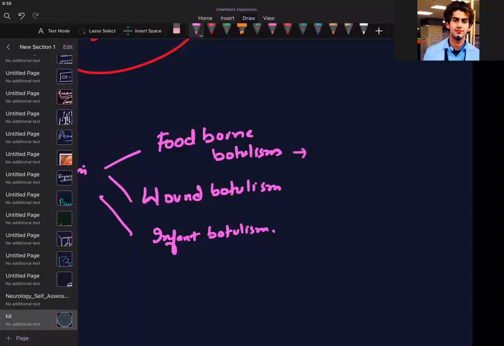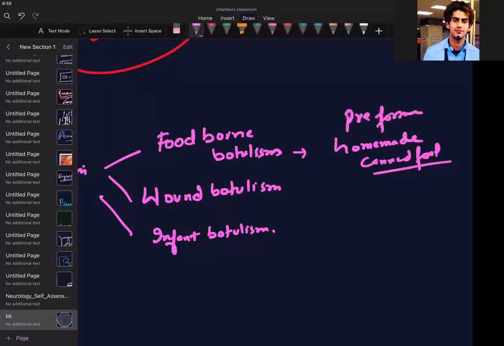What happens is that a person has taken contaminated food which already has this toxin, preformed toxin. That thing is called preformed. Like homemade canned food. That food, homemade canned food, has that preformed toxin in it, and you consume it.